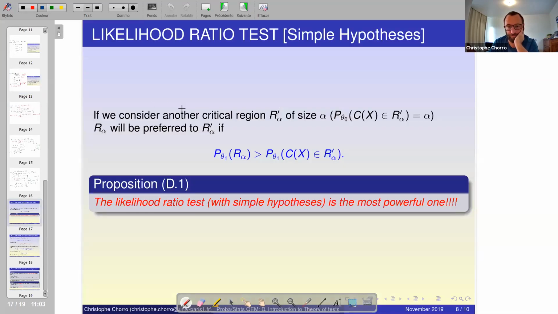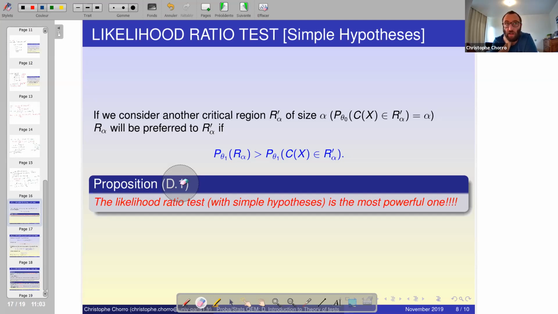That is the following. If I want to compare two tests, here I can change my slide a little. So this one will be P theta 1. In order to compare estimators, we have seen that we can compare them using their mean square error.